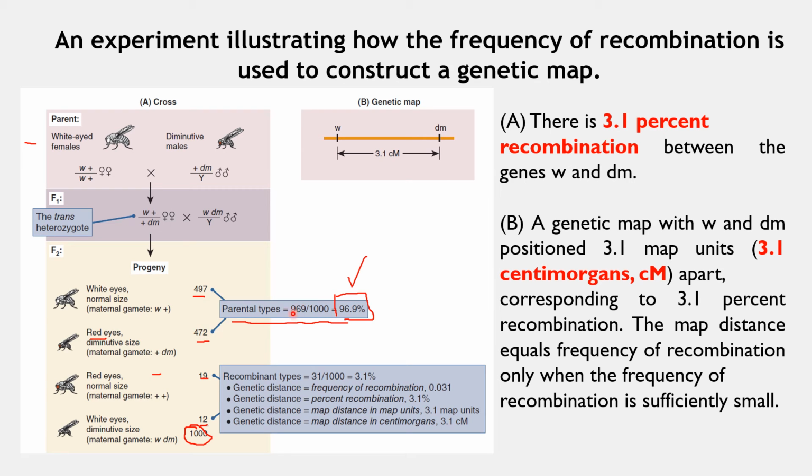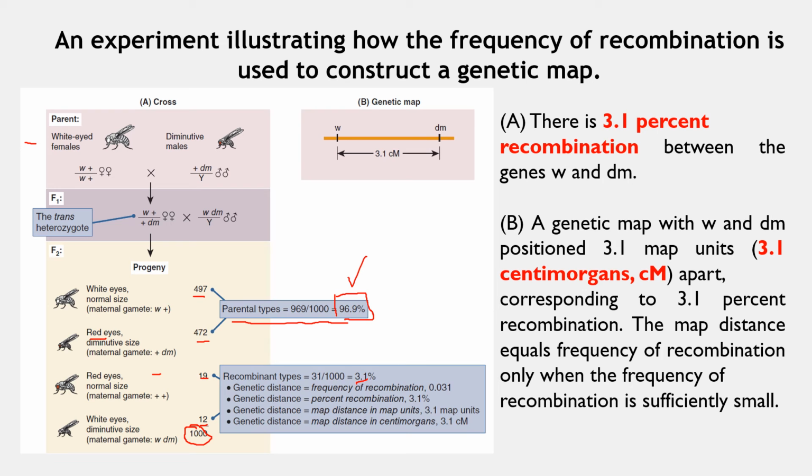When you add them, it's 969, and you divide it by the total, so you get a percentage of 96.9, or 97. And here you do the same thing: 12 plus 19 is 31, divided by 1,000, so you get a recombination frequency of 3.1.